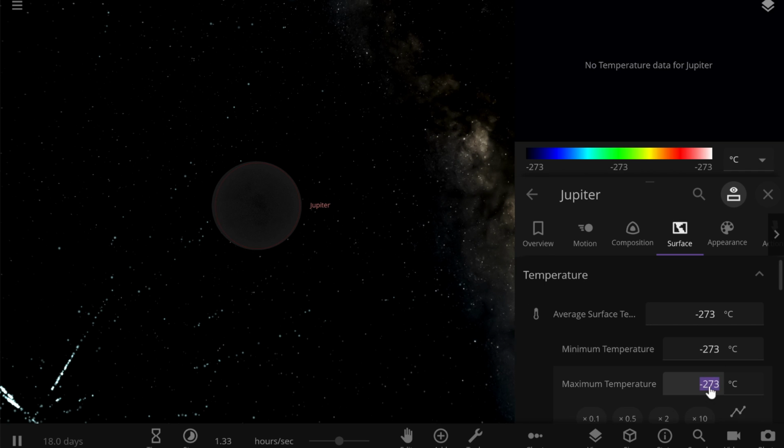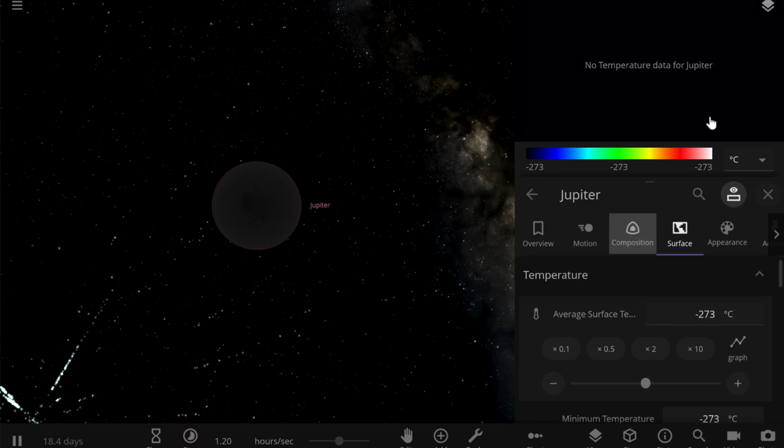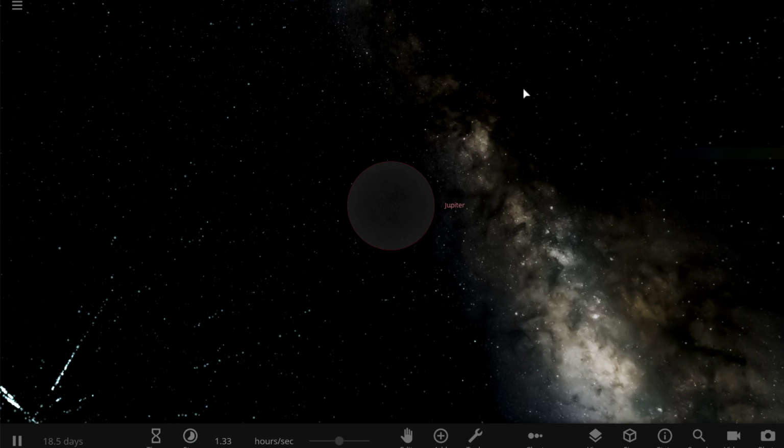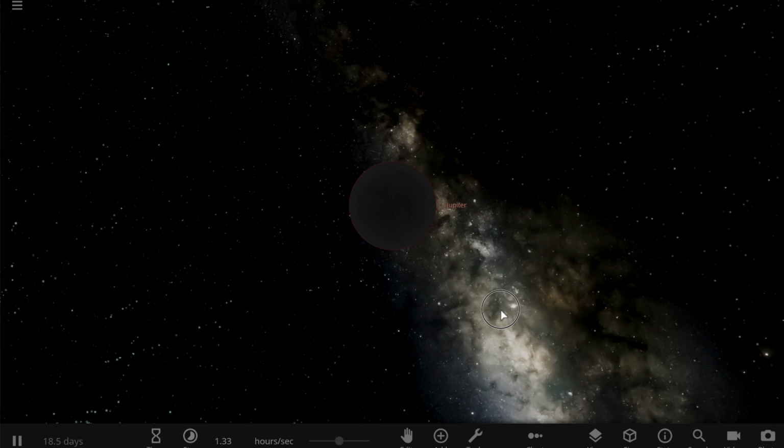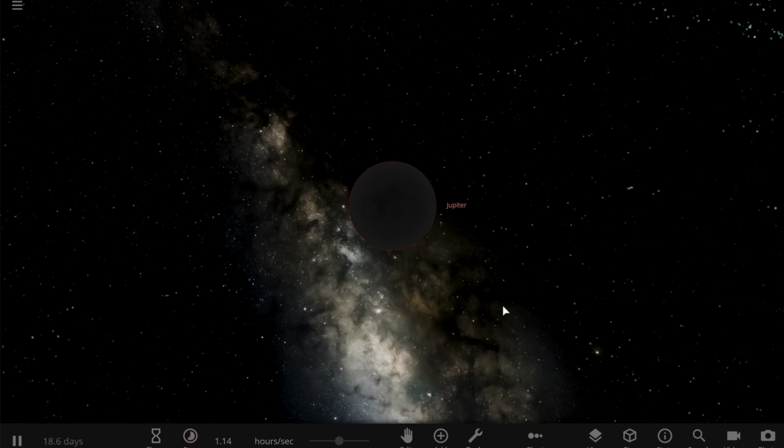That's not really what we wanted to do. Yeah. Anyway, yeah, that's cool. So that is how brown dwarfs form. They are considered failed stars because they failed. They couldn't get enough mass to form a star.